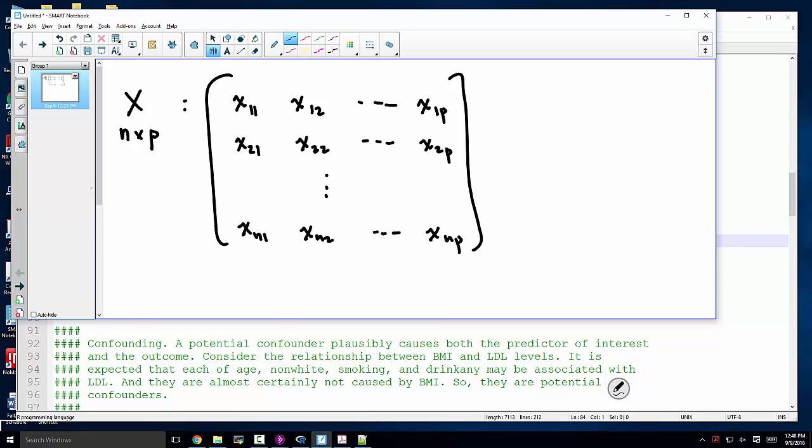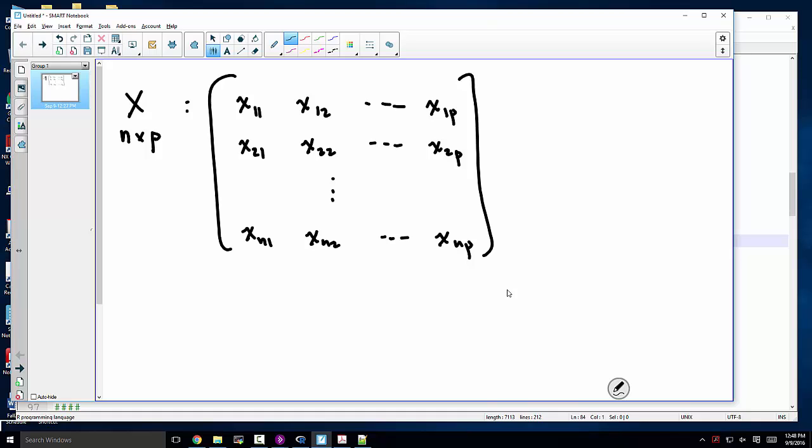We can talk about the averages of each of the variables. We could also talk about the variances of each of the variables. So for variable 1, for, let's say, variable j, call it xj.